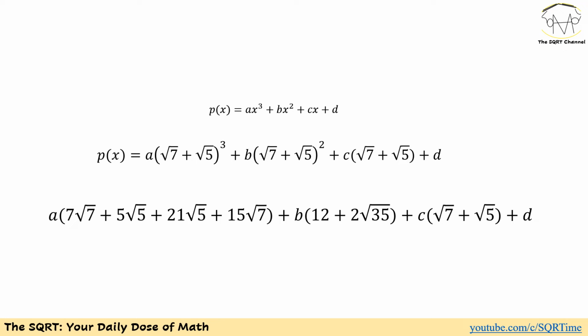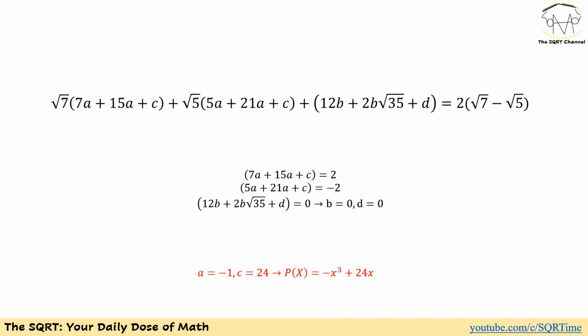We have d, we have radical 7 plus radical 5 times c, we have 12 plus 2 times radical 35 times b, and then we have the expression that you are seeing here times a. Let's see if we can find values for a, b, c, and d to satisfy the equation that we are seeing here. First of all, we need to make sure that we are not going to end up with anything like radical 35 at the end.